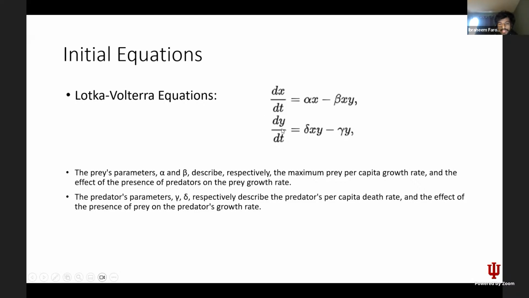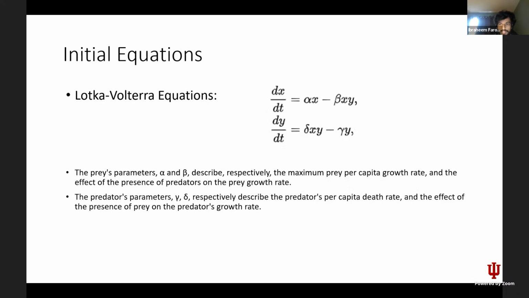And then the change in the predator population is dependent on this delta XY. Delta is the prey's influence on the predator population, and then it's minus some intrinsic decay rate of the predators. So minus some decay rate, basically the death rate of the predators.